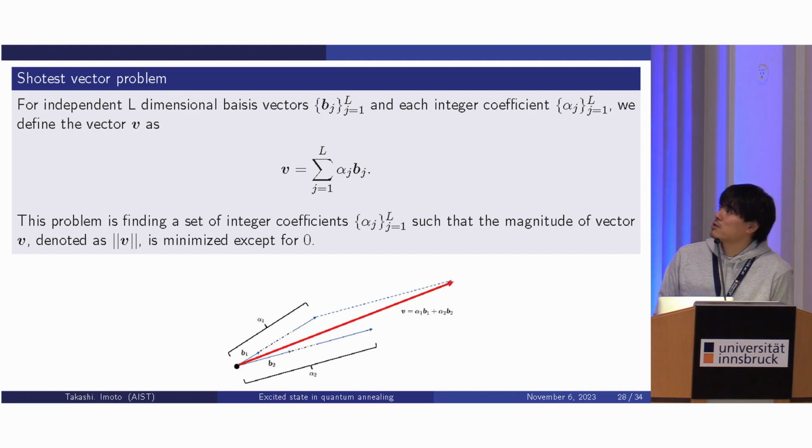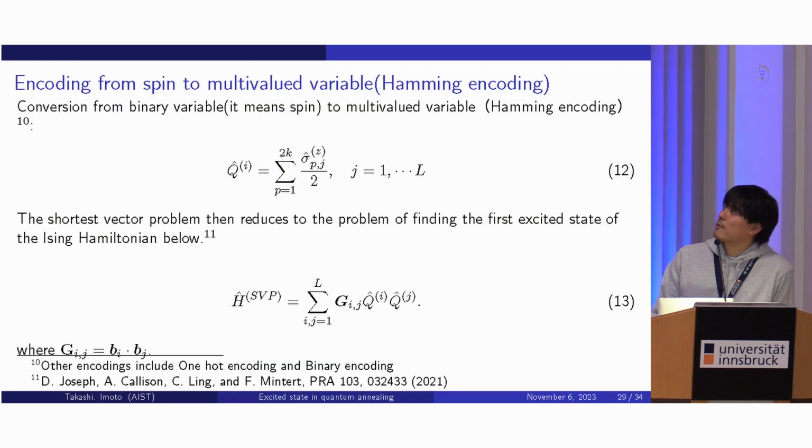It's too small, but this is basis 1, B1, and this is basis 2, B2, and v equals alpha 1 B1 plus alpha 2 B2. So the problem is finding alpha 1 and alpha 2 such that the magnitude of vector v is minimized, except for the zero vector.